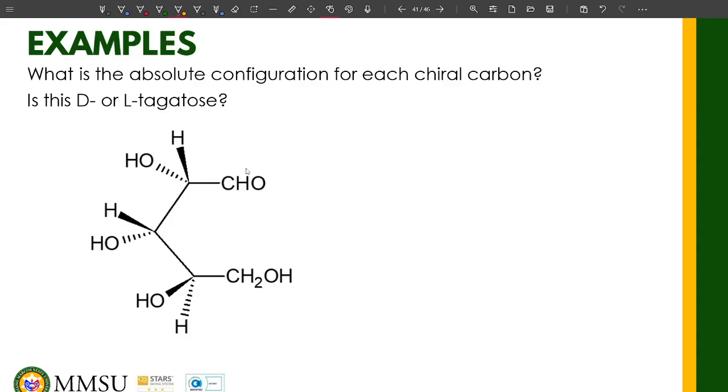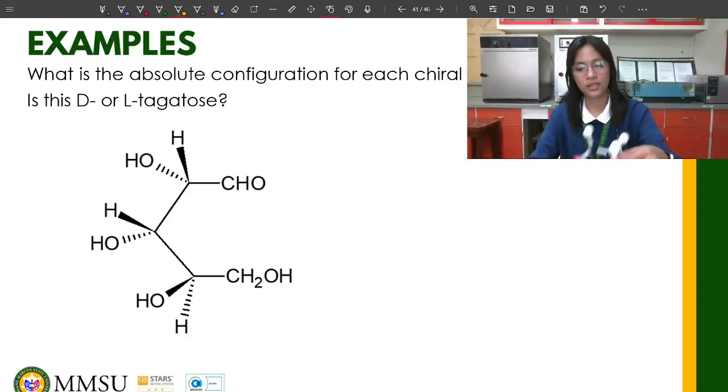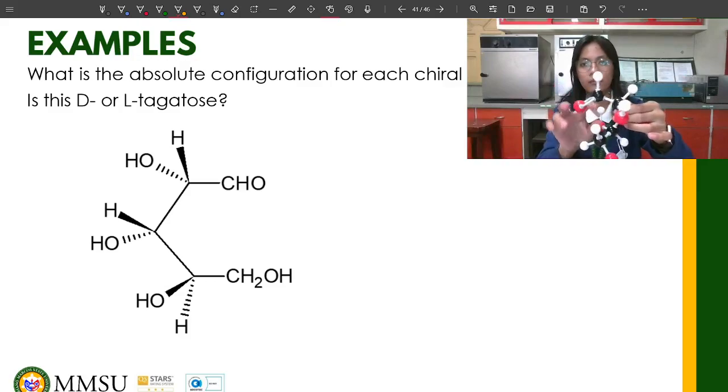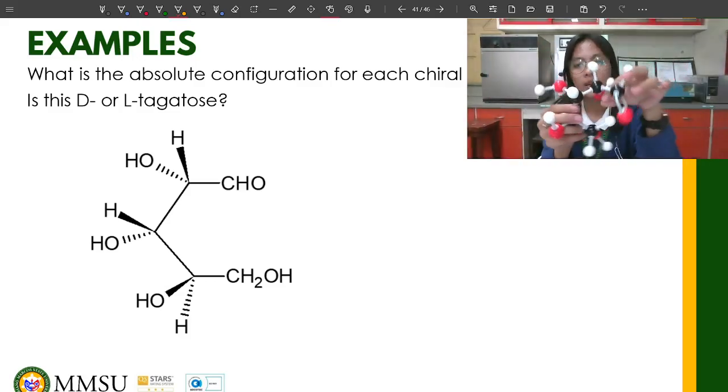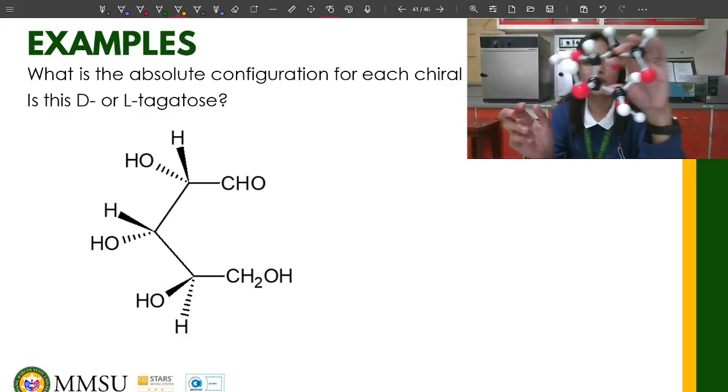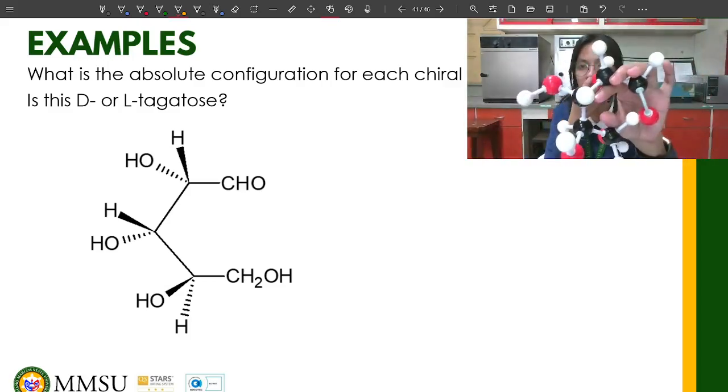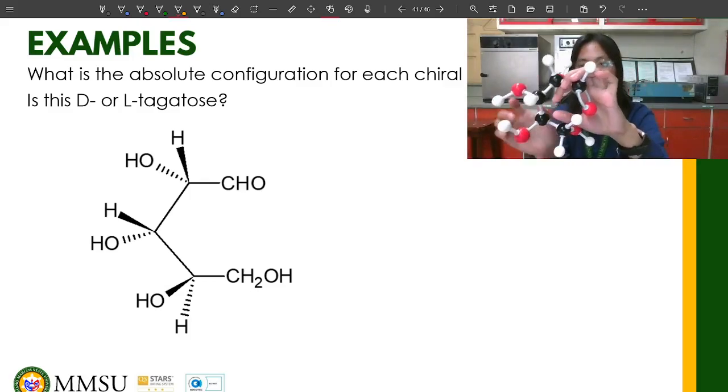So, we have here the C double bond O. So, this is the atomic model of tagatose, just like the one on your screen.